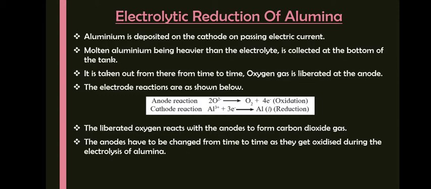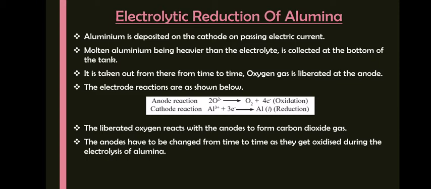Oxygen gas is liberated at the anode, because anode will be, negative or positive? It will be positive. Then the electrode reactions are as follows. At anode, what is happening? Oxygen is released, and at cathode aluminium goes.